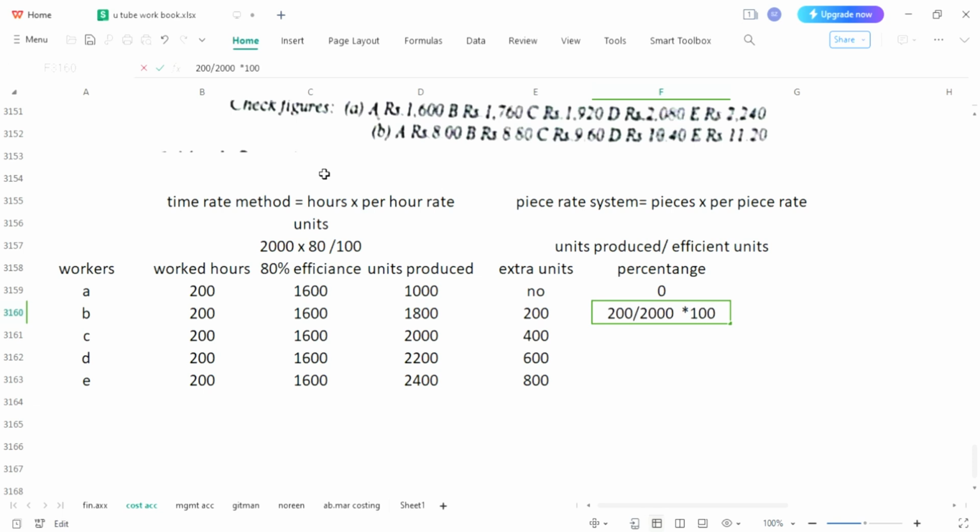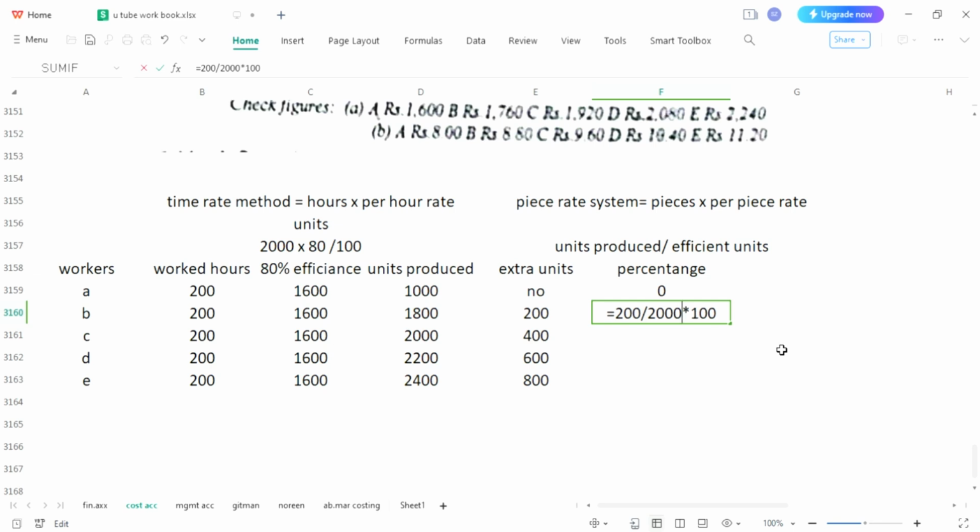So this is the way with which you can calculate the percentage. Please understand, 200 extra units, total targeted units were 2000. Just like you calculate the percentage of obtained marks, 200 obtained, total marks 2000, multiplied by 100. In a similar way you will calculate this percentage.